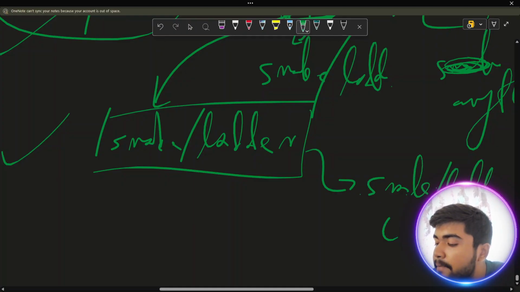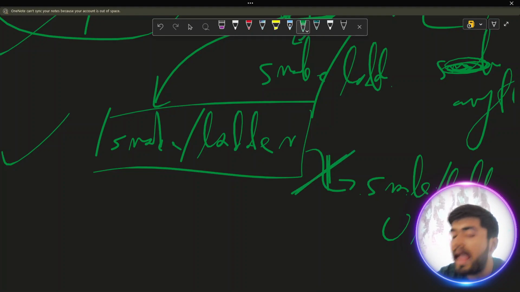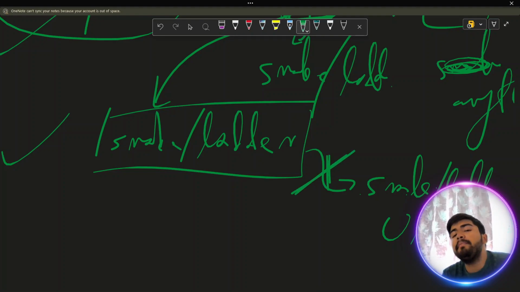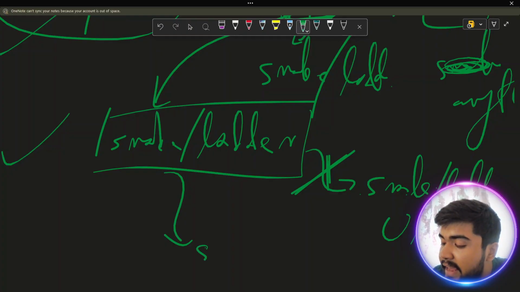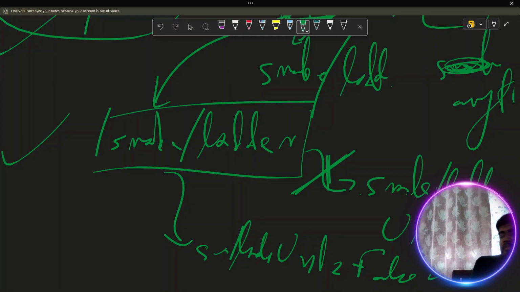If that jump was made using a snake or ladder, then I don't have the liberty to use a snake or ladder. But if snake or ladder used is false, then I am allowed to use the snake or ladder of that particular cell. So that is the extra gist.